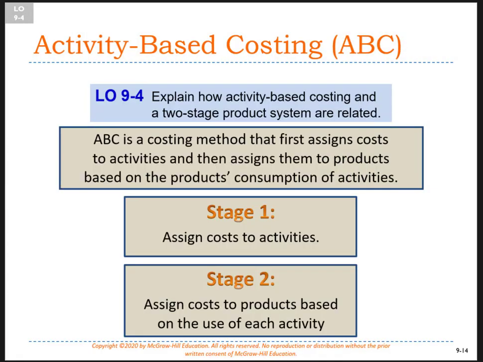So that's what activity-based costing is trying to do. It's basically doing this 2-stage process, but it's focused not necessarily on departments, but on activities, what is done in that department. Now, many times it's really hard to distinguish between a department and what the activity is, because usually we name the department after the activity it does.